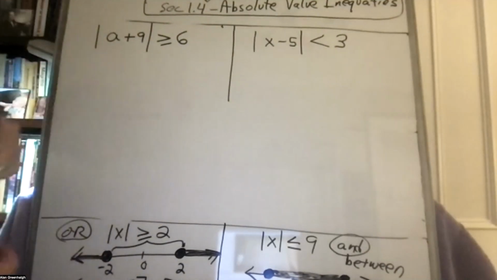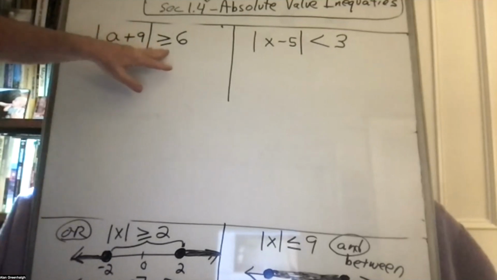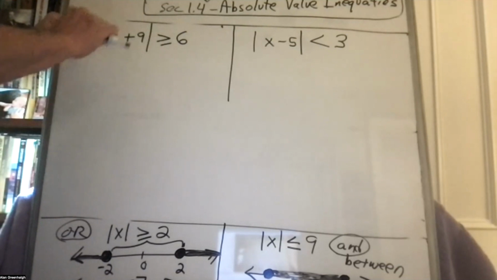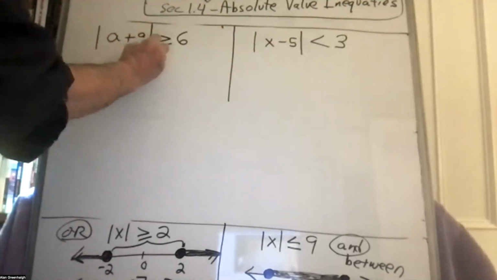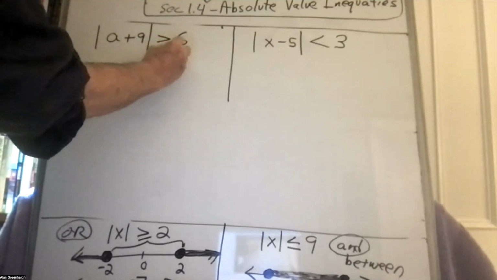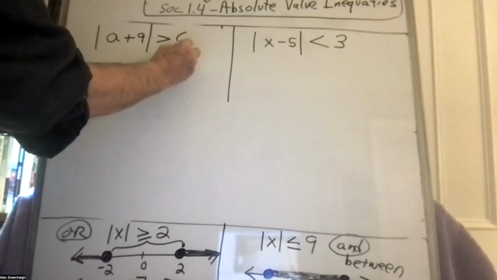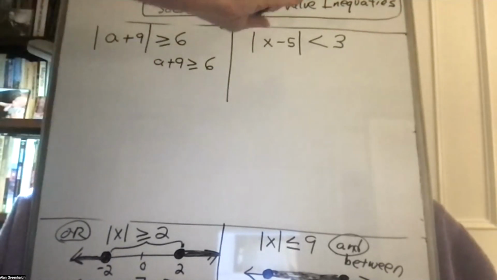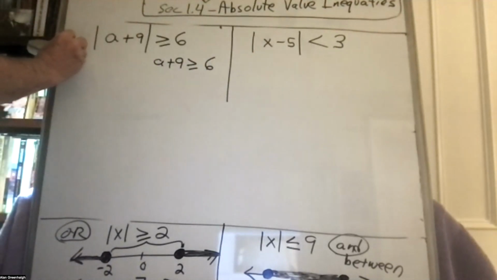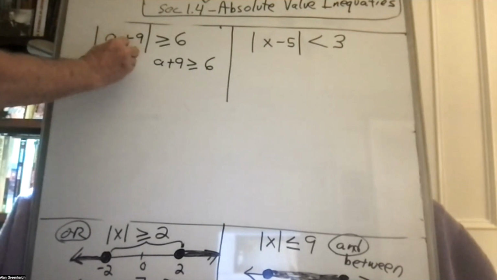So this is how you would do it. This is an or situation, which means that the solutions go in opposite directions. In other words, A plus 9 will be greater than or equal to 6. That's one branch of this. Or A plus 9 will be less than or equal to -6.